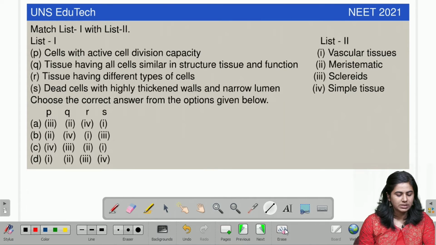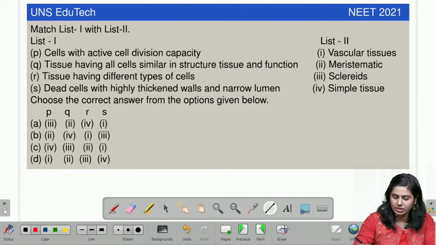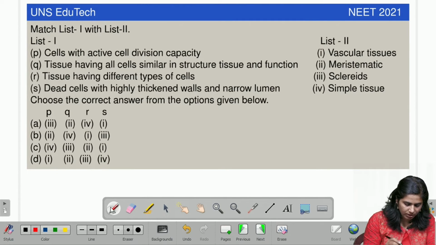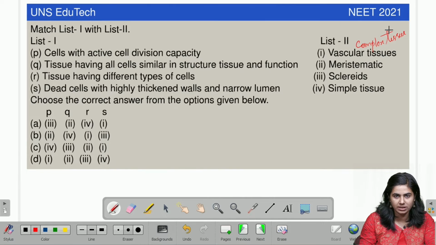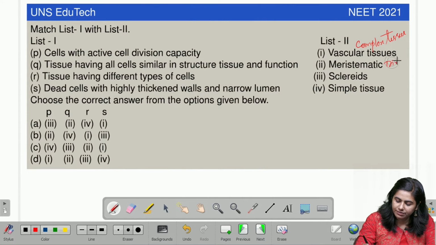Here, in the question, vascular tissue we know is a complex tissue, right? Meristematic tissue can divide indefinitely.